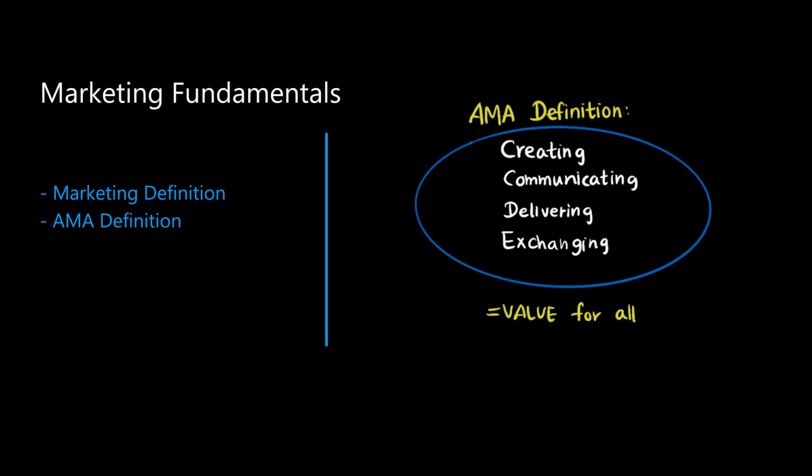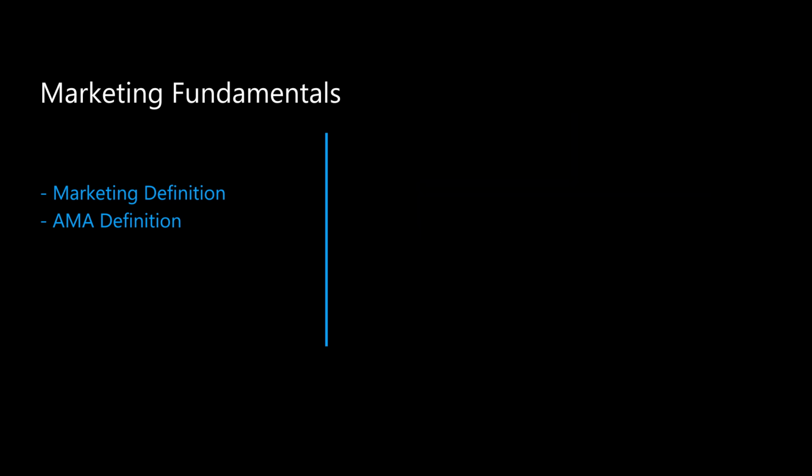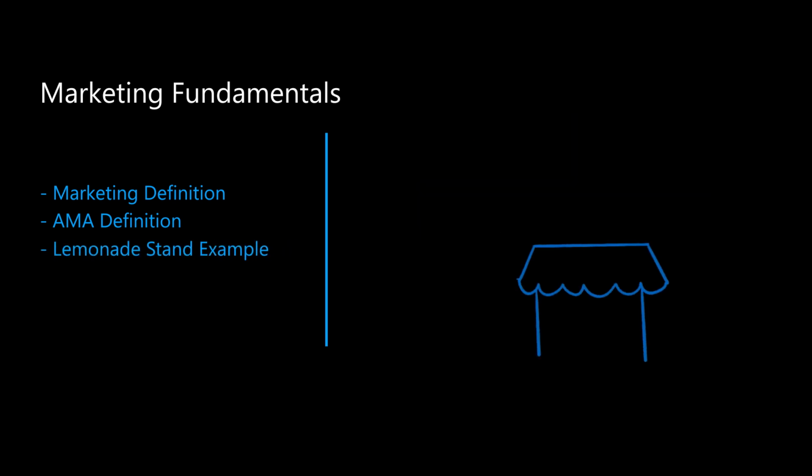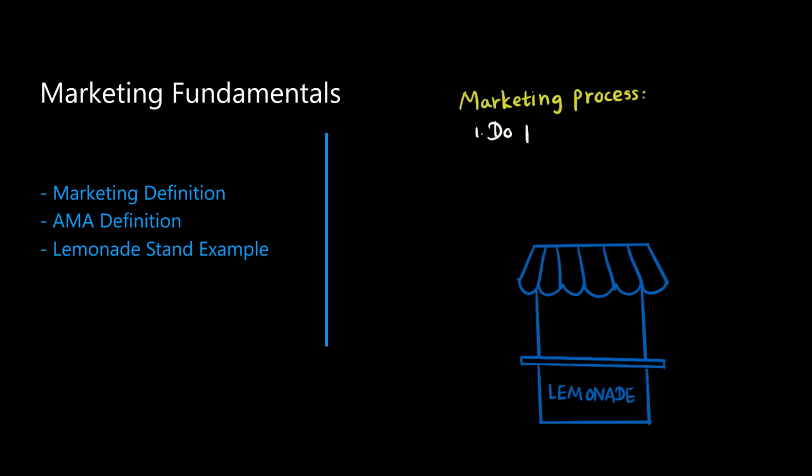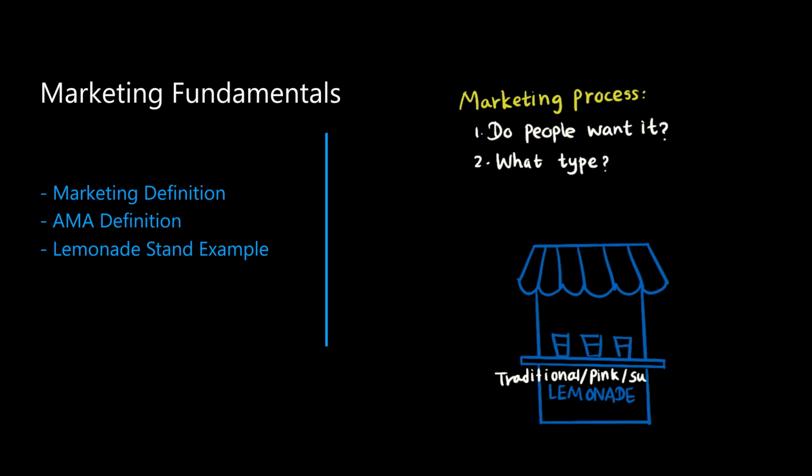But let's break this down into something more practical. Imagine you're running a lemonade stand. Marketing isn't just about shouting "lemonade for sale." Marketing starts when you first wonder if people in your neighborhood even want lemonade. It continues when you figure out what kind of lemonade they prefer: traditional, pink, sugar-free. Marketing determines your price point by understanding what people are willing to pay.